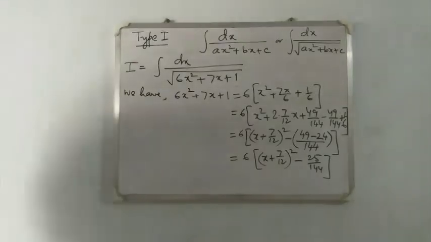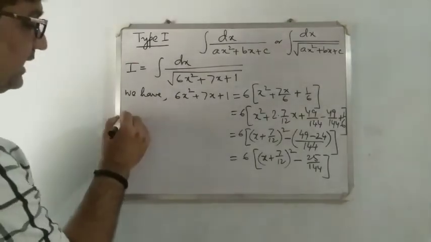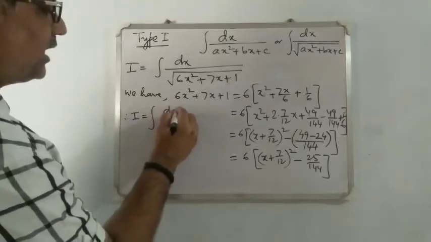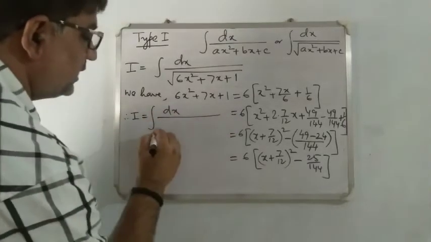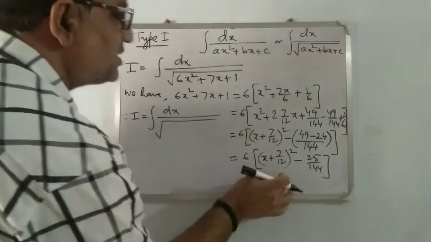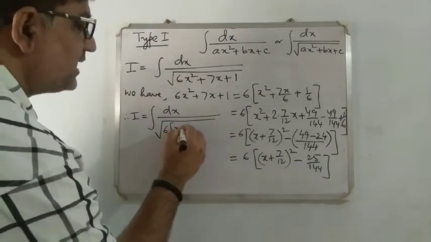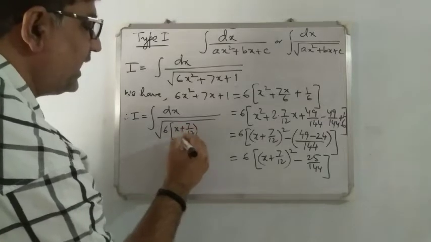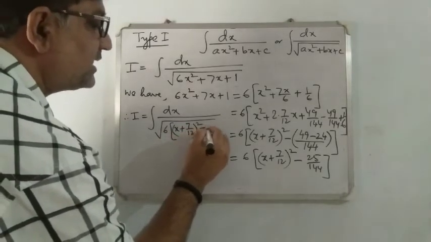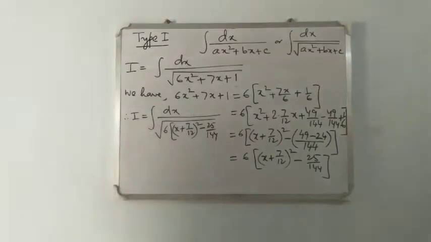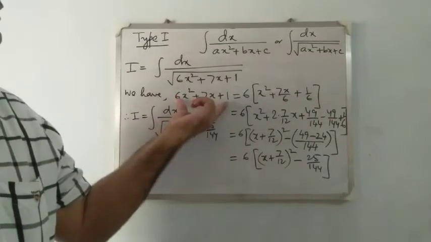Now you should write, therefore I is equal to integral dx by root over. Now try to keep this value instead of this one: 6 into x plus 7 by 12 whole square minus 25 by 144. So this result you have written instead of this value.